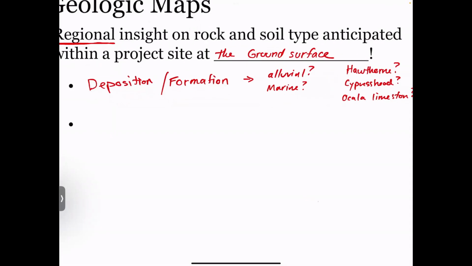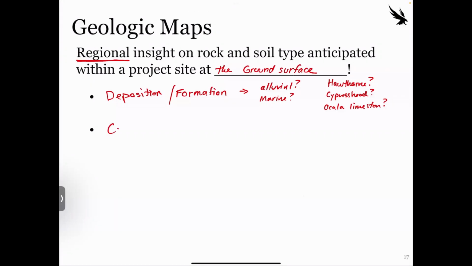The other thing that it'll tell us is the composition. Examples of what composition means is what it's physically made of. So is there a lot of shell?